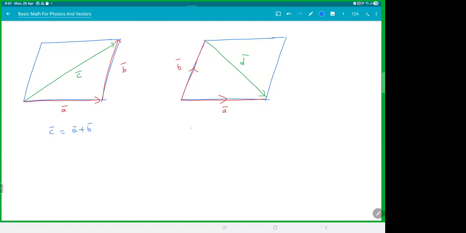But look at this: B bar plus D bar, head to tail, gives you your A bar there. So D bar is A bar minus B bar. So A plus B and A minus B are the two diagonals of a parallelogram. Everyone keeps talking about A plus B, but in a parallelogram, we have a second diagonal also. So if they ask you what the two diagonals in a parallelogram are: A plus B and A minus B. A and B are the sides, and A plus B and A minus B are the diagonals.